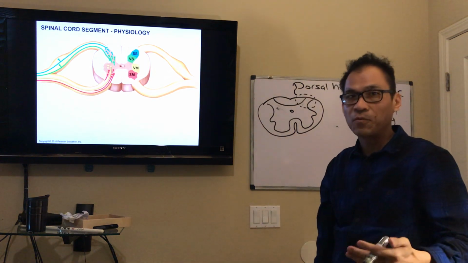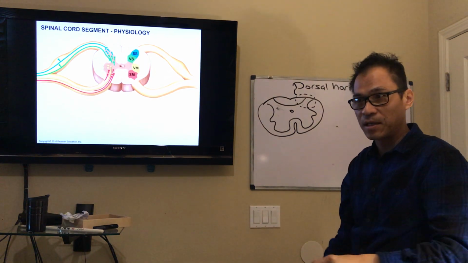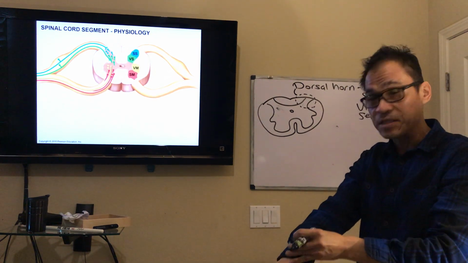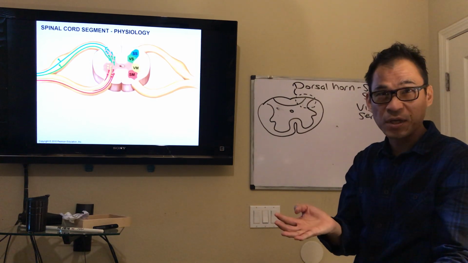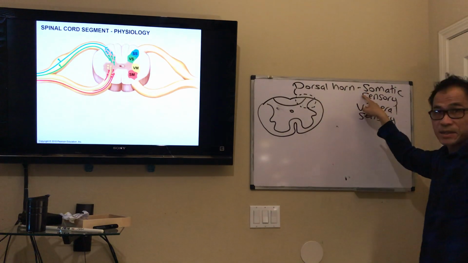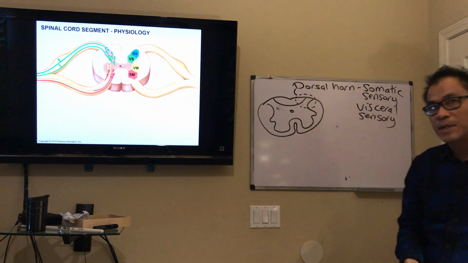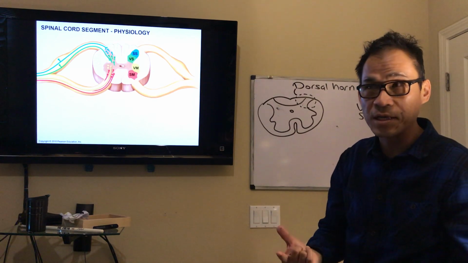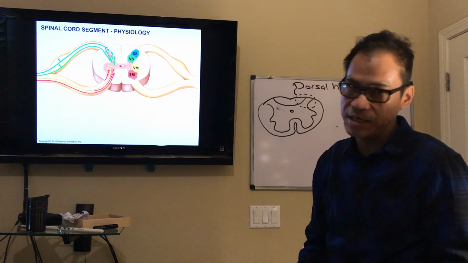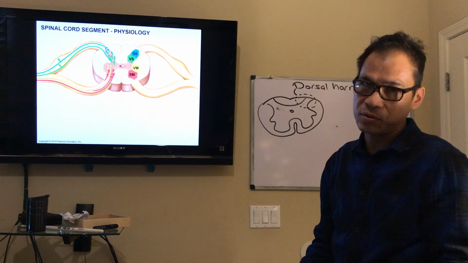Somatic sensory is information from dermatomes, or basically information from your skin, the sense of touch, vibrations, pain and temperature of your skin. That's somatic sensory. Remember, viscera means contents. That's information from your organs. Like you can feel your heart beating in your chest, or you can feel your food digesting. Okay, so that's visceral sensory.